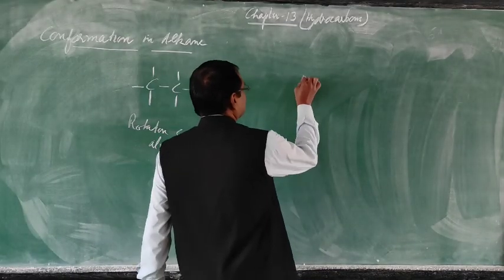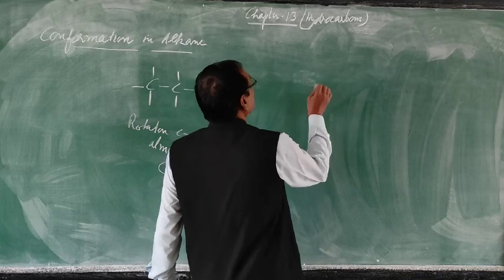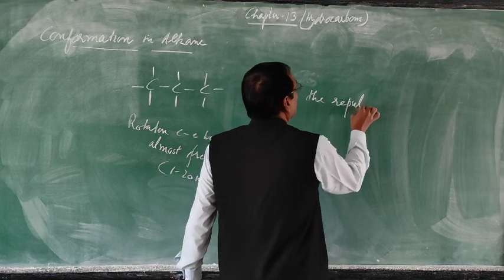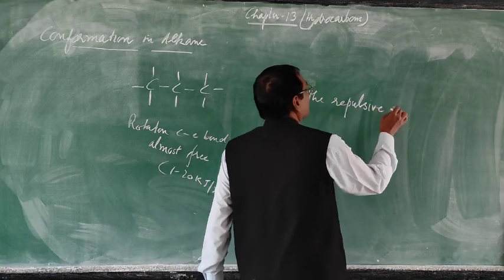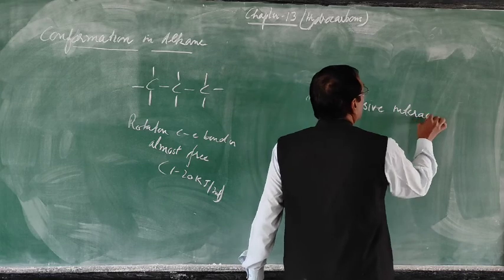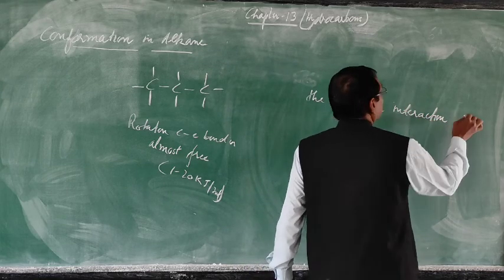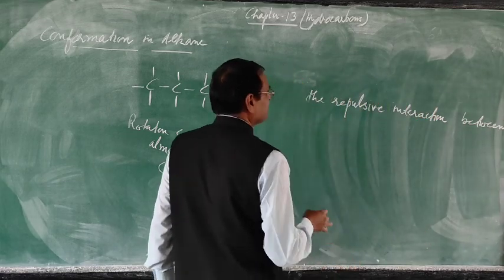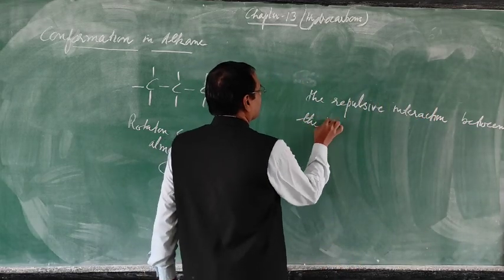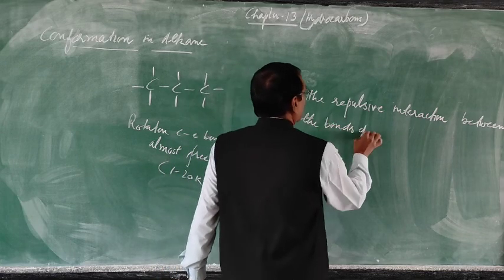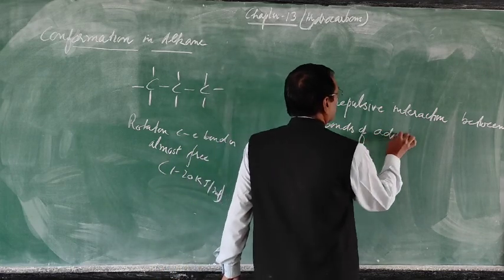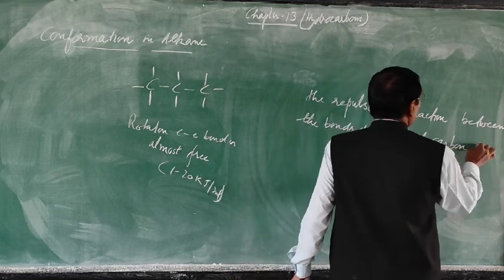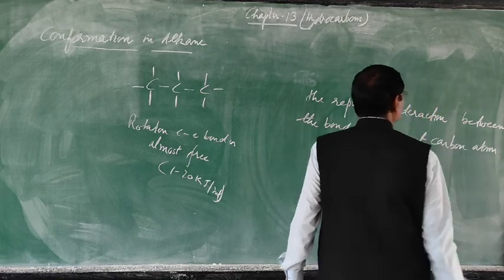So what is repulsive interaction? The repulsive interaction between the bonds of adjacent carbon atoms.